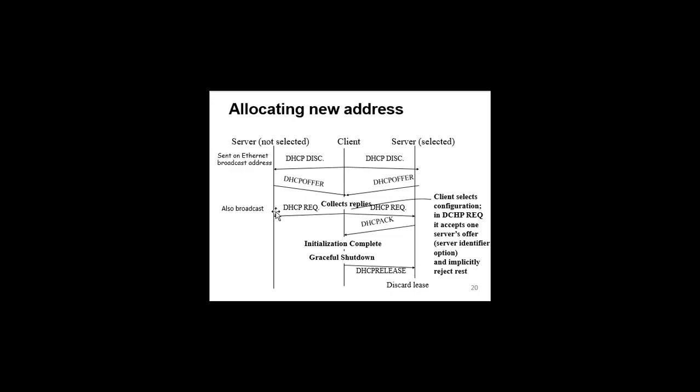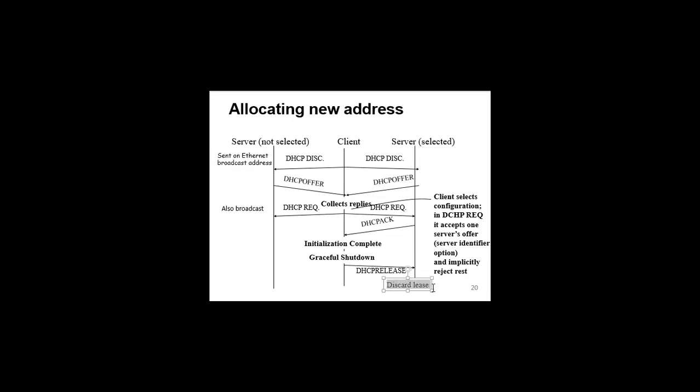After receiving the request, only this server provides the acknowledgement. So the client selects the configuration provided by this server, and the other will be rejected. After all the initialization has been completed and you have gracefully completed your transmissions, you can release the DHCP IP address that was allocated to you by the server.